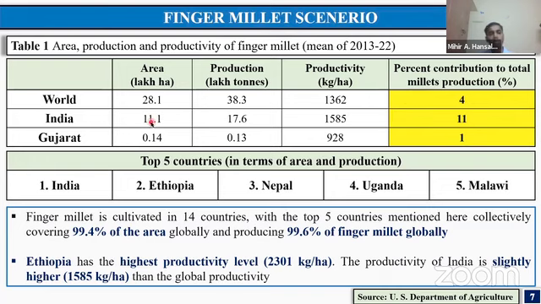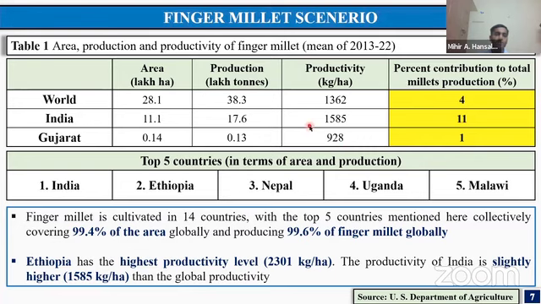In India, it covers an area of 11.1 lakh hectare, producing 17.6 lakh tons at a productivity rate of 1,585 kilogram per hectare, contributing 11% to total millet production in the country. And in Gujarat, it is produced on 14,000 hectare area, and production is 13,000 ton, and productivity is 928 kilogram per hectare, which contributed 1% of total millet production.